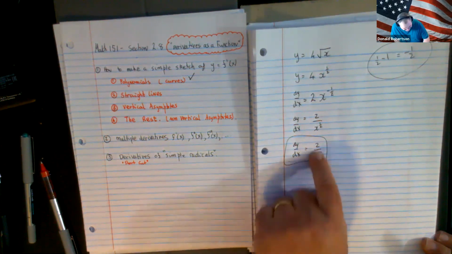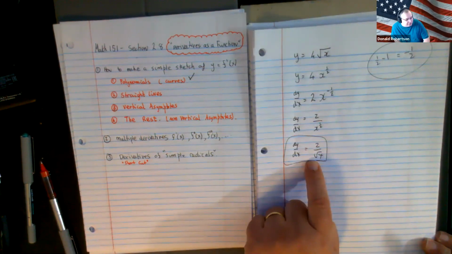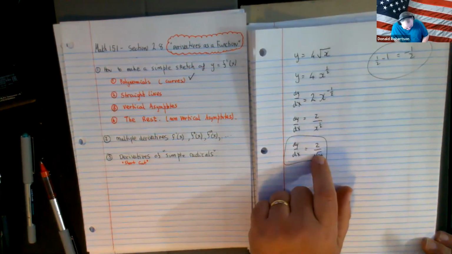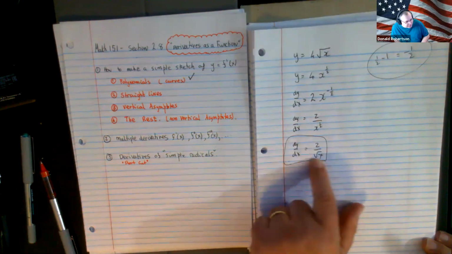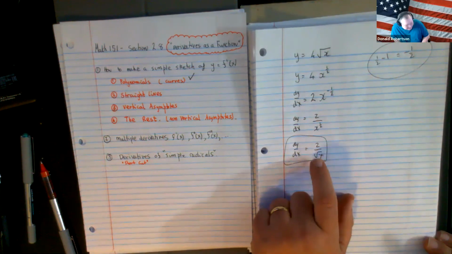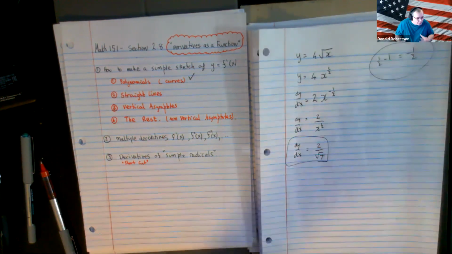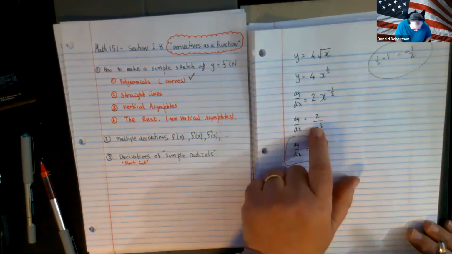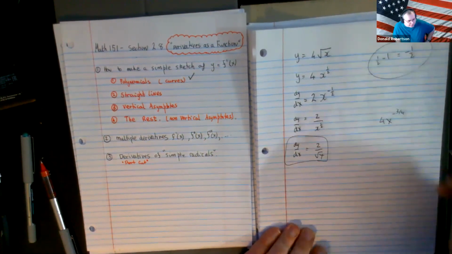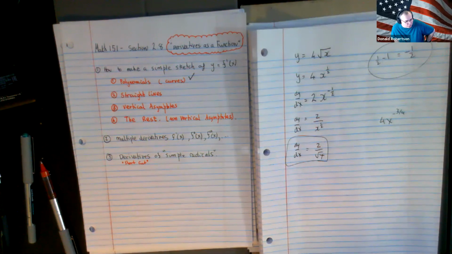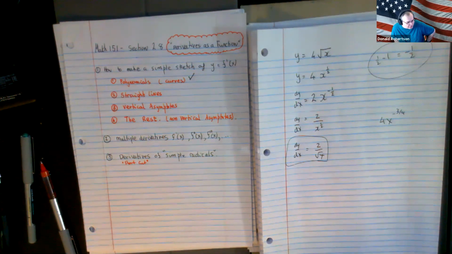Now, if you look at it, can you see that it does kind of look like the original? It's got the same shape. And in many ways, isn't this a better way to think of the function? When I see this, I can see it better. I can get an idea of what its values are. If somebody said to you, 4x to the negative 3/4, wouldn't you be puzzled about what that looks like or what its values are or when it might have problems?